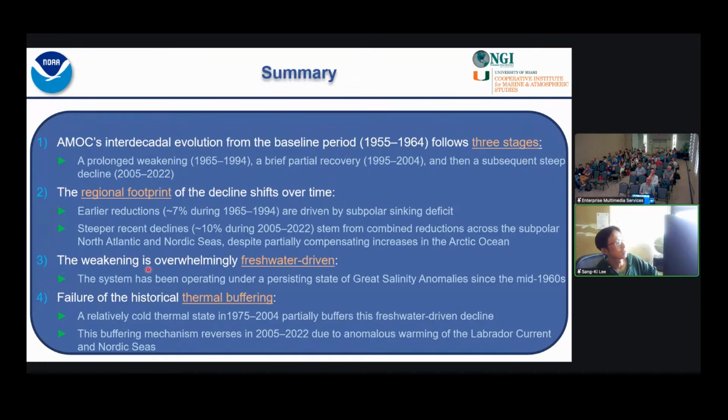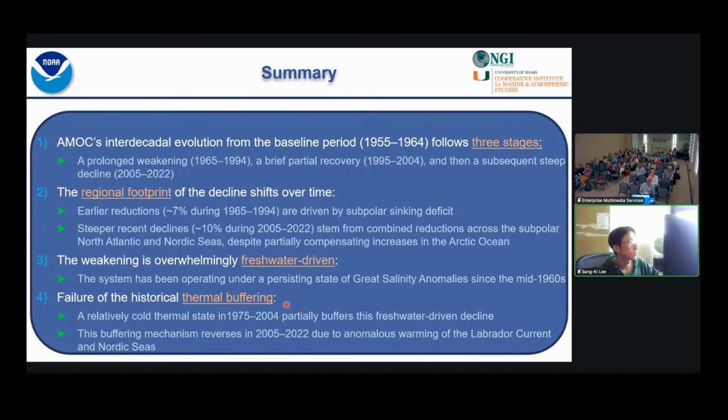And this weakening is overwhelmingly freshwater driven based on our sensitivity experiment. So we could conclude that the AMOC system has been operating under a persisting state of the Great Salinity Anomaly since the mid-1960s, or I should say freshening events.